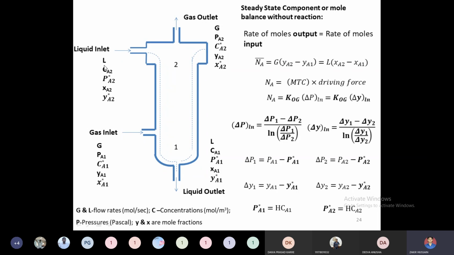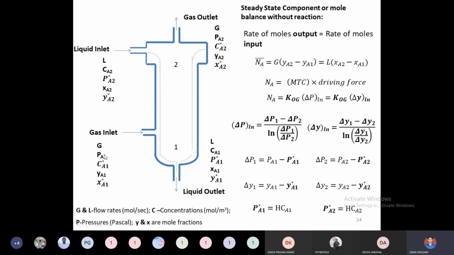Similarly, delta P2 is nothing but the true partial pressure of component A at point 2 minus the equilibrium partial pressure of component A at point 2, PA2 minus PA2 star. This is delta P2. And similarly, delta Y1 is YA1 minus YA1 star, and delta Y2 is YA2 minus YA2 star. This is defined.